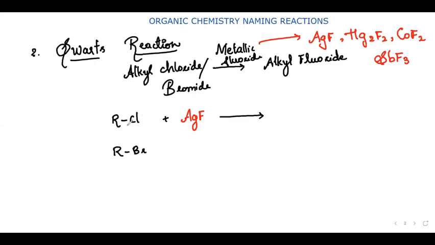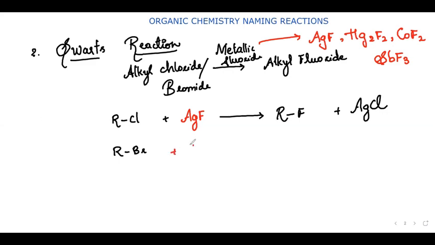The Cl will be replaced by F, which means fluoride. So we get RF plus AgCl, silver chloride.